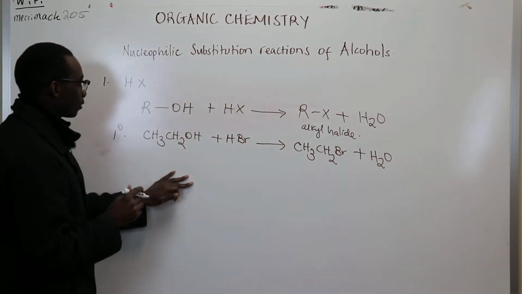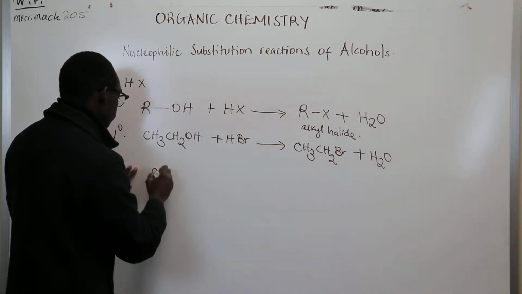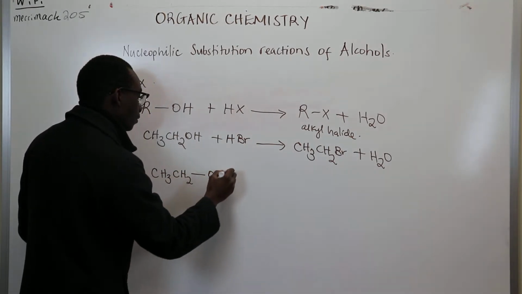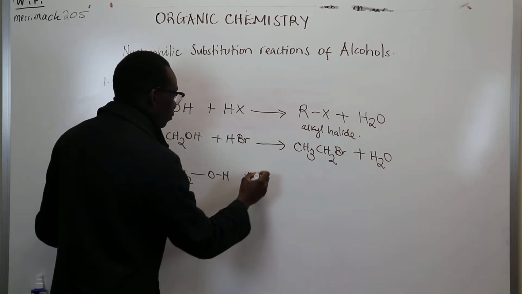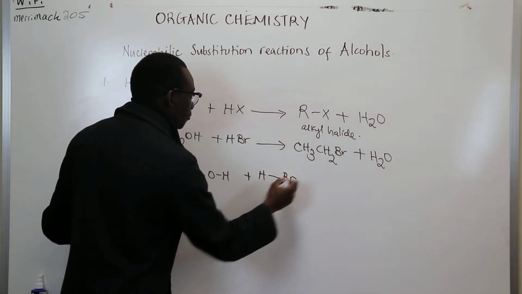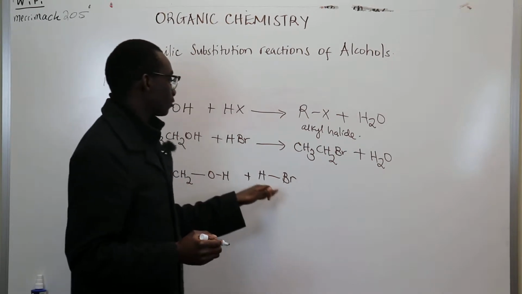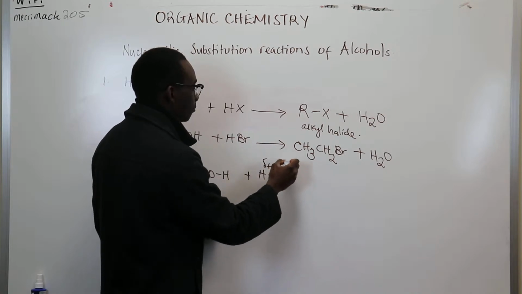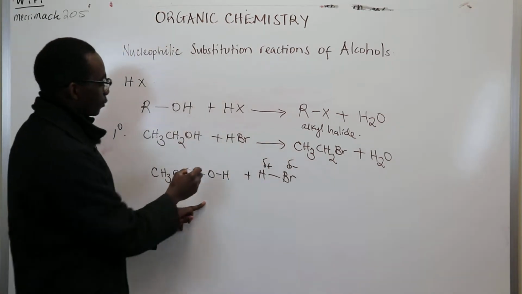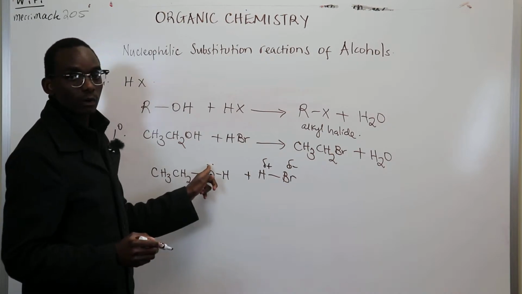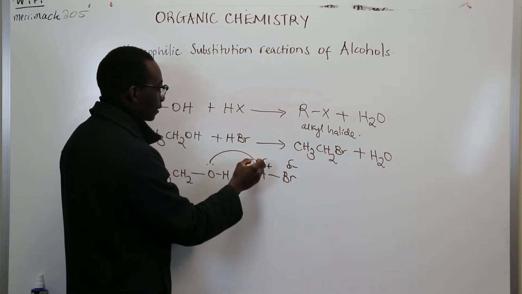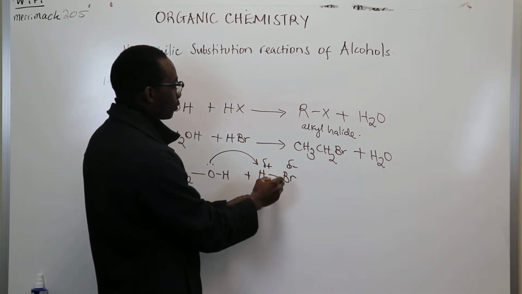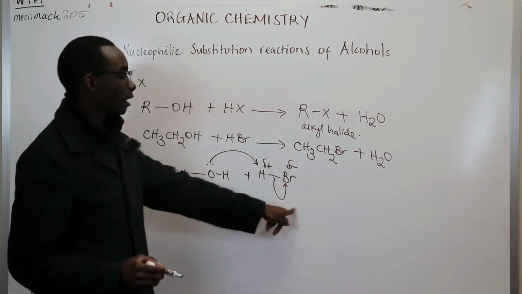The mechanism of this reaction is CH3CH2OH reacting with hydrogen bromide. We know that this bond is polar because bromine is more electronegative than hydrogen. So we have a partial positive on hydrogen and a partial negative on the bromine. The lone pairs of electrons from oxygen attack the electrophile, which is the hydrogen, and this bond breaks off in favor of the Br.